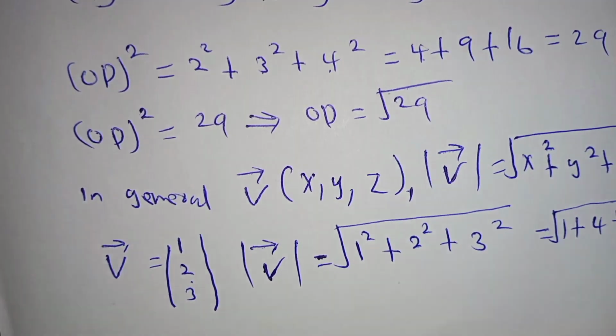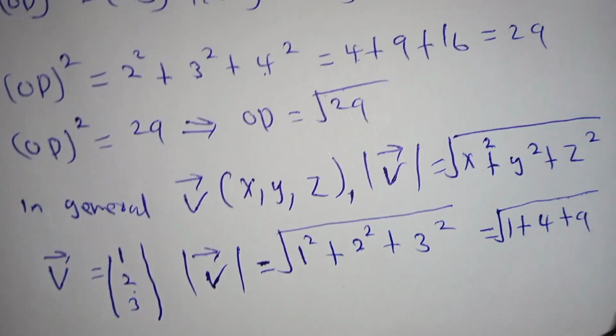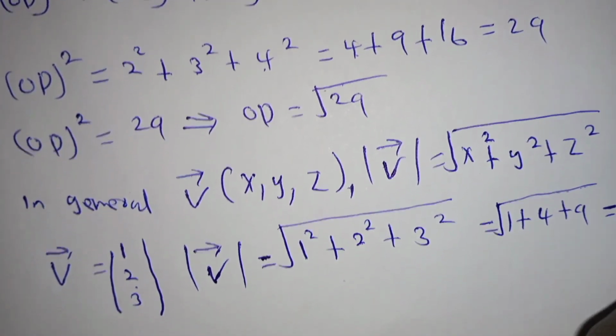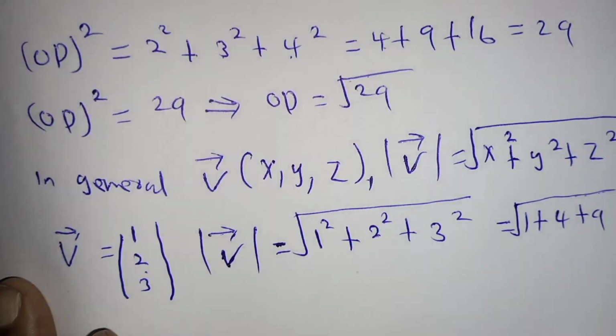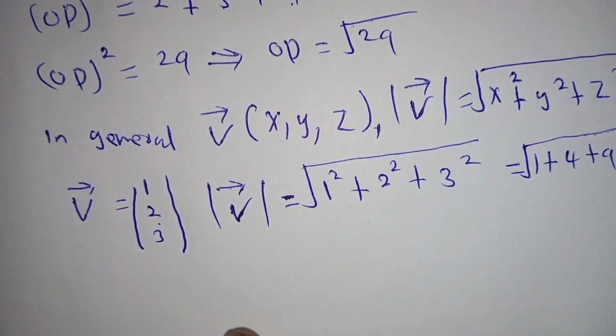Then you get the square root, which is equal to the square root of 14. So for the modulus of a vector in 3D, you simply square their respective components.